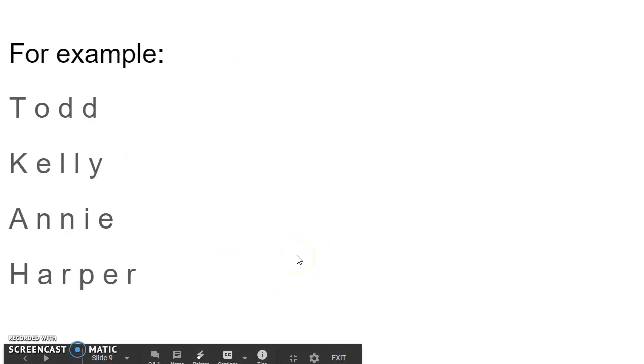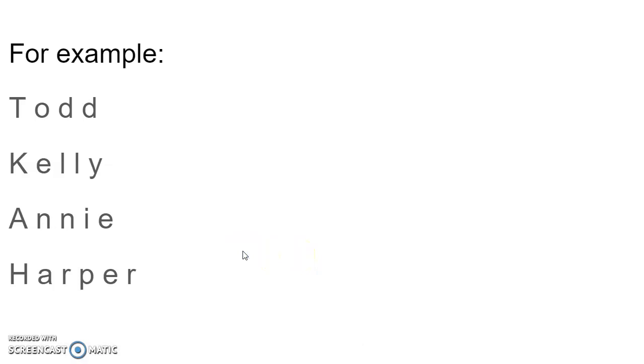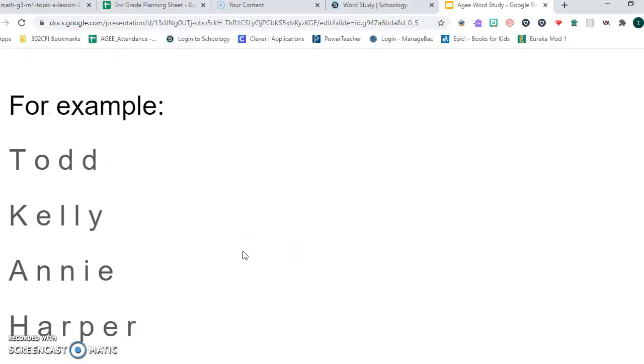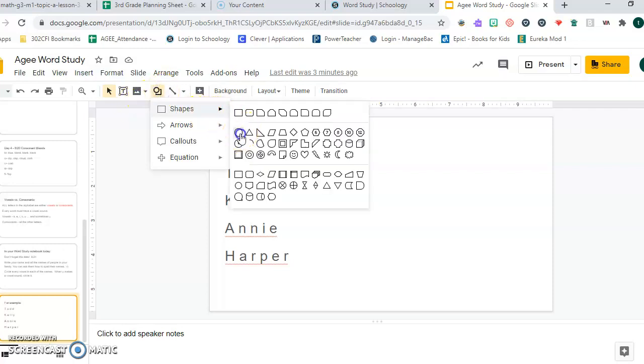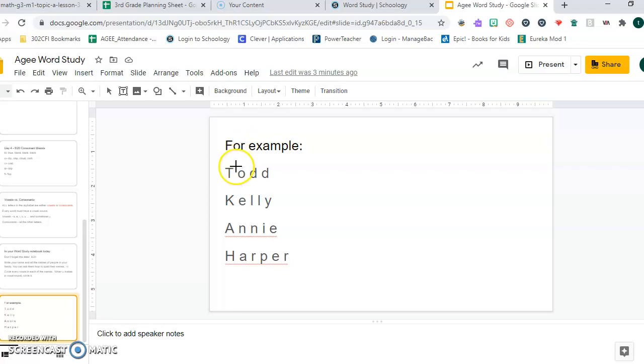I made a page to give you an example. What I would do here, I've got the names of the people in my family, and it's Todd, Kelly, Annie, and Harper. And so what I would do in my notebook is with a pencil, I would circle all of the vowels.